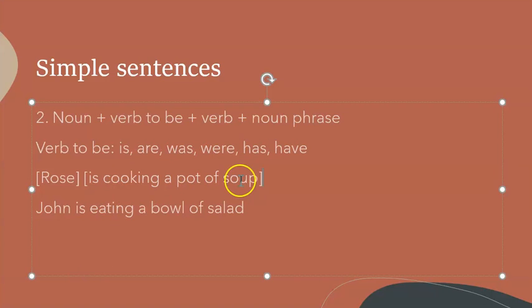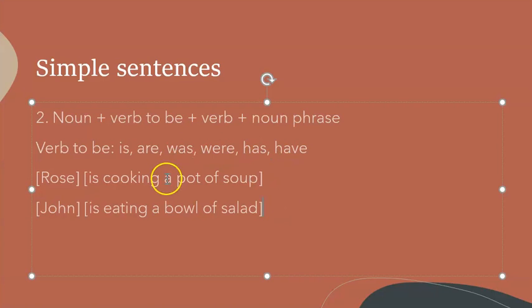So this is the second way of writing. Let's look at the second sentence. You have the subject here, John, and then you have the predicate here, which explains more about the subject: is eating a bowl of salad.